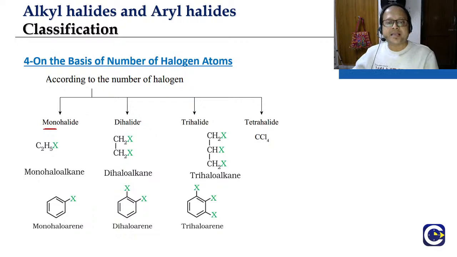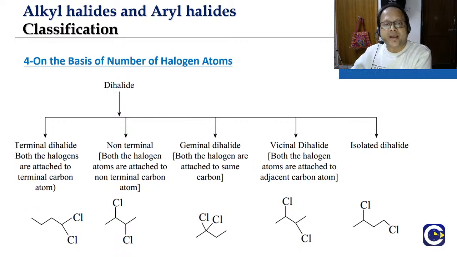Acha. But this dihalide has a few other classifications. It can be done a little differently, and that's why we are talking about the dihalide specially, because in various reactions and preparations it has an important role. How?